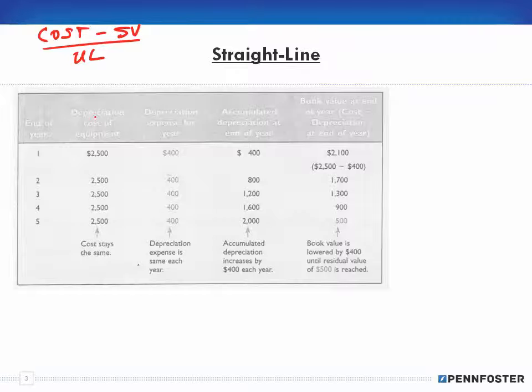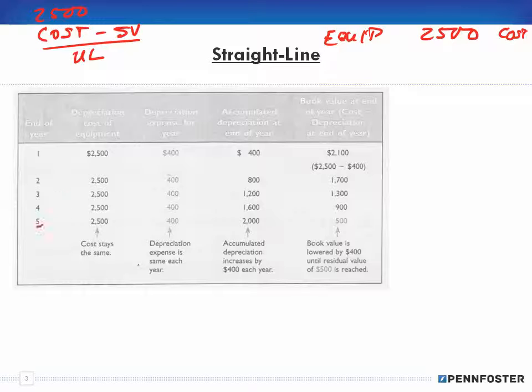equipment. So we're talking about equipment in the textbook, and they originally said that when they bought the equipment, the purchase price was $2,500. That's my cost, right? So my cost here is $2,500.